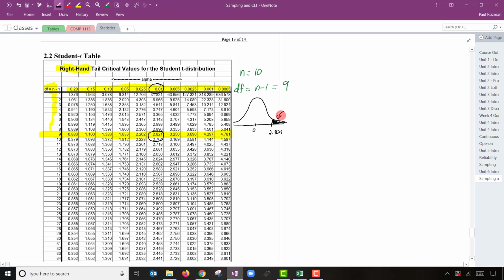We often call this alpha. I know we have had alpha in a few different things now, in the Weibull distribution and the exponential distribution, but here's a new alpha. It just means probability. So our area in the right tail is 0.01 in this case.